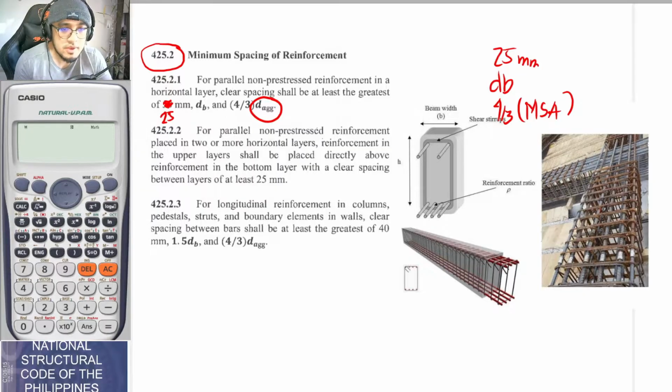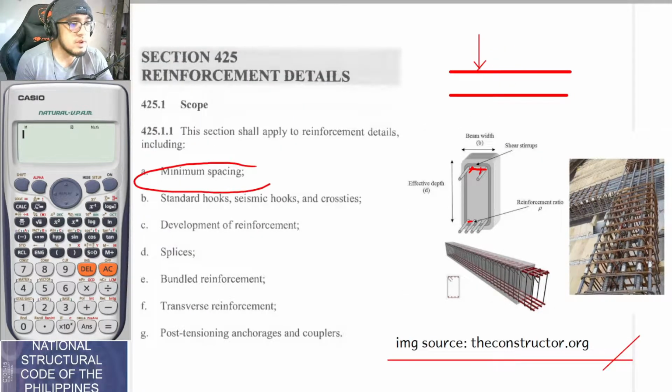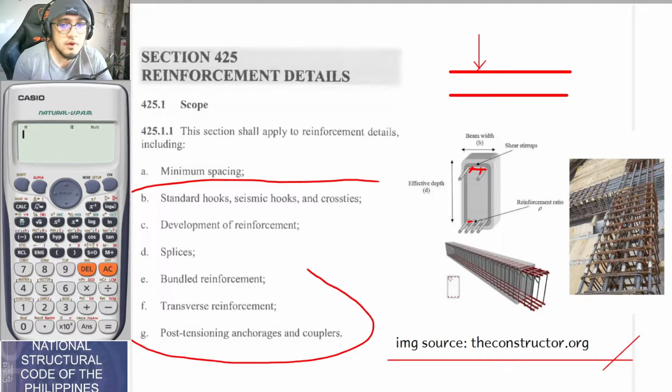That's it. Direct substitution, or just compare it with whatever spacing that you have solved here, and that is for the first provision. For the next provisions here, they are once again formula based.